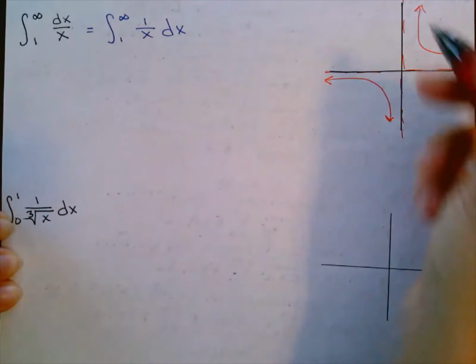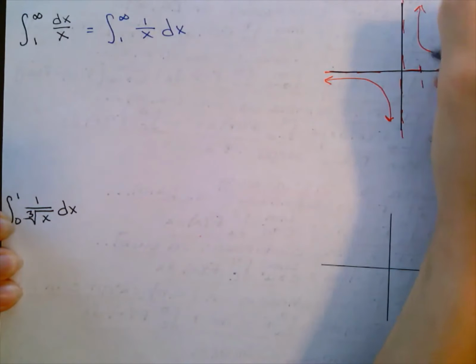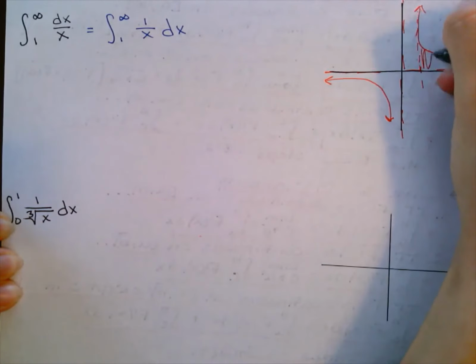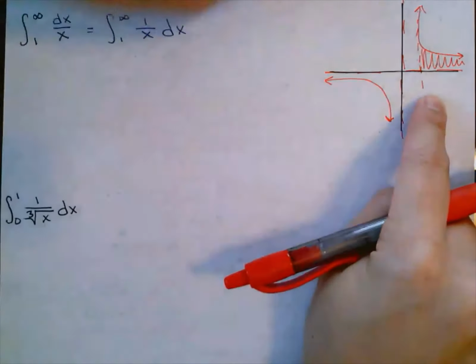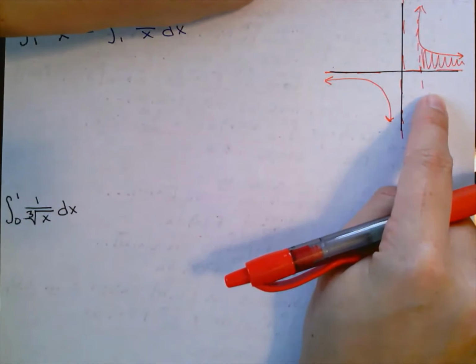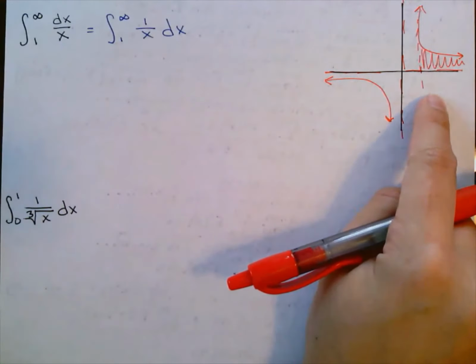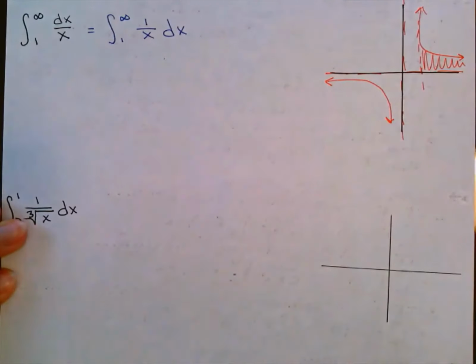Okay, and now again I'm going from 1, which is somewhere up there, all the way on to infinity, and it goes on forever. So visually, you might think that you're going to get the same answer, but not necessarily. So be very careful, okay?